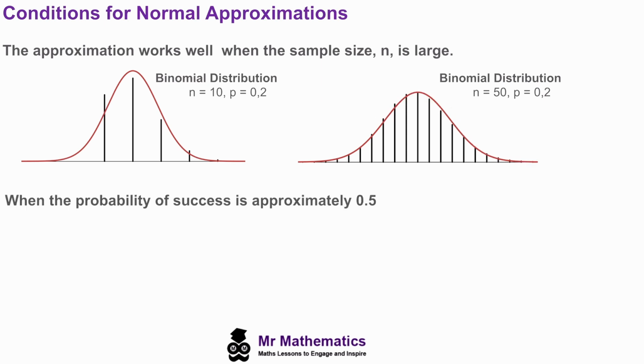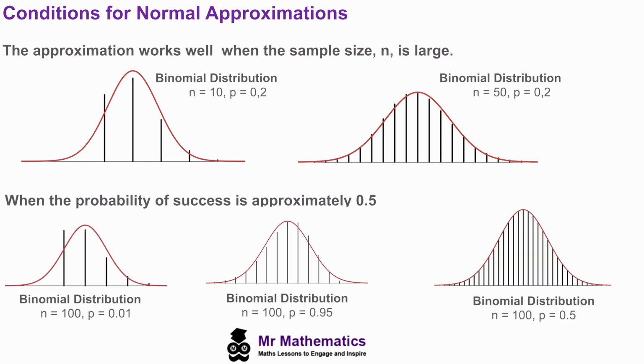Another condition is that the probability of success needs to be approximately 0.5. For instance, if we've got a sample size of 100 and a probability of success of 0.01 for this binomial distribution shown in black lines, you can see again it doesn't quite align with a normal distribution. It goes over here, but under here. And if we looked at the opposite case, where we've got a large probability of 0.95, now you can see the data is skewed in the opposite direction, where it goes over the normal distribution on the right side, but under on the left side.